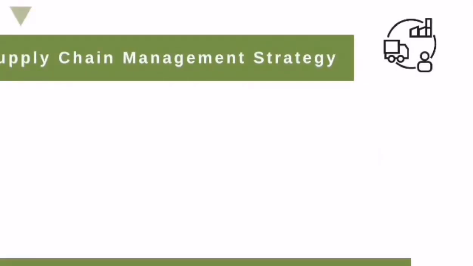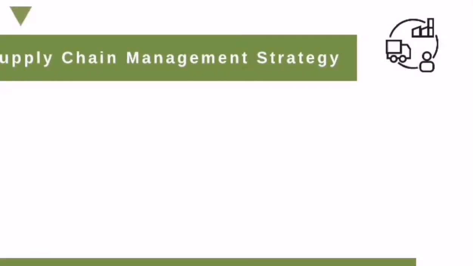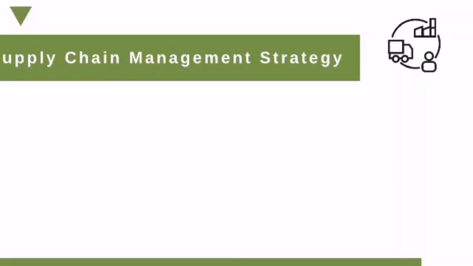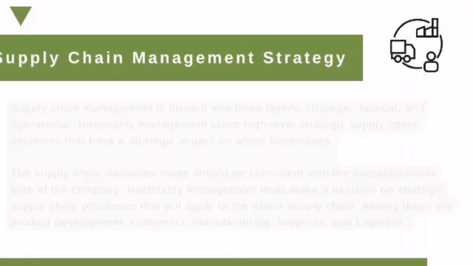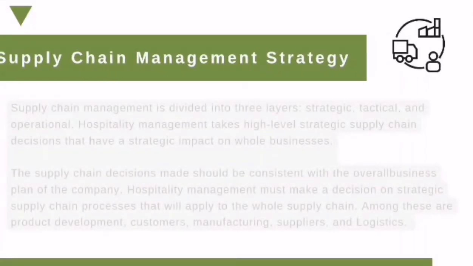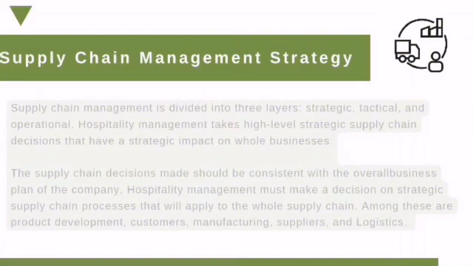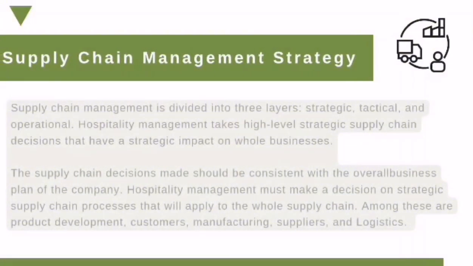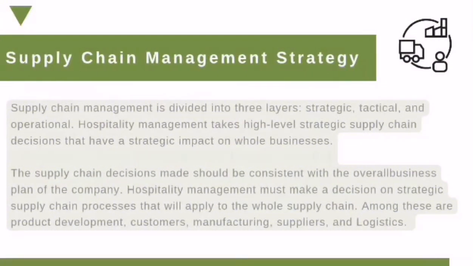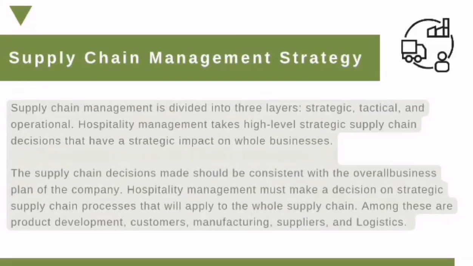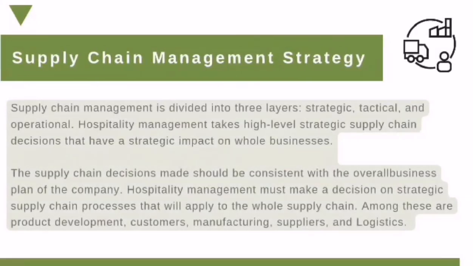Supply chain management strategy. In the hospitality industry, supply chain decisions are made at different levels. So first, strategic level, top managers make big picture decisions that affect the whole business. These decisions are about the overall direction of the supply chain.